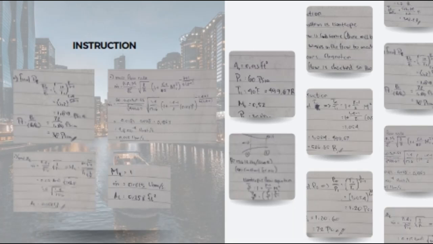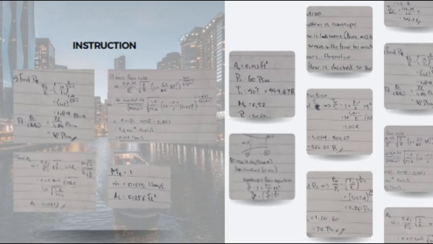So after we find it, we find A at the throat. So we use the equation m dot equal to P throat A throat per root T throat times root lambda per R. So we rearrange the equation and we get the A throat equal to m dot times root T throat per P throat times root lambda per R. So we get the A throat is 0.258 feet squared.